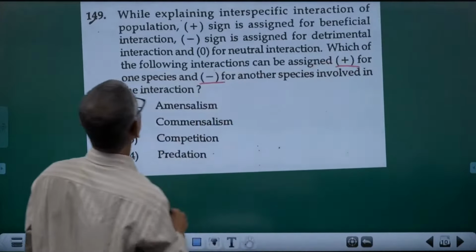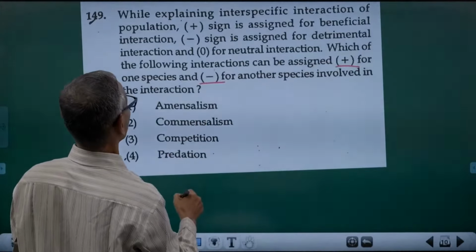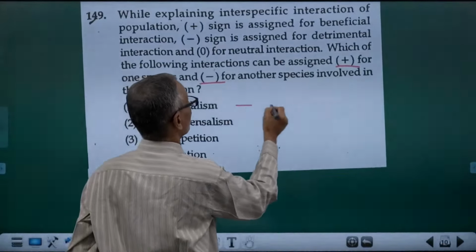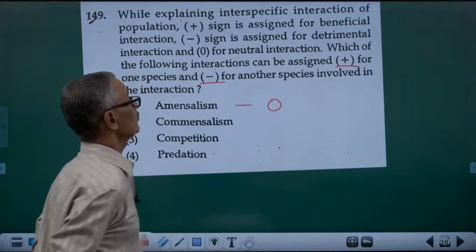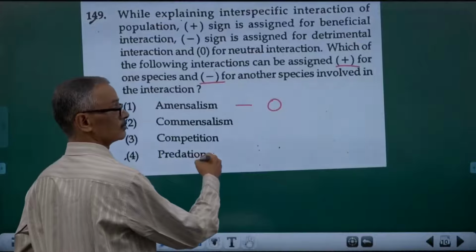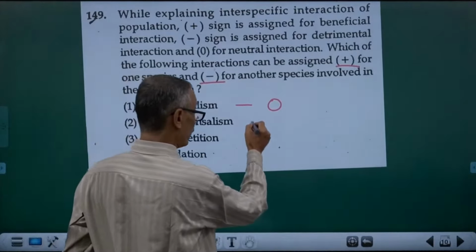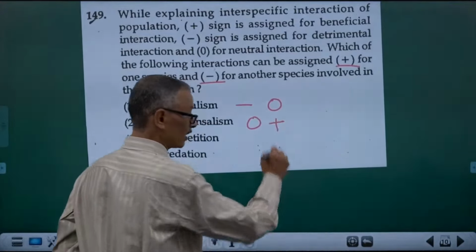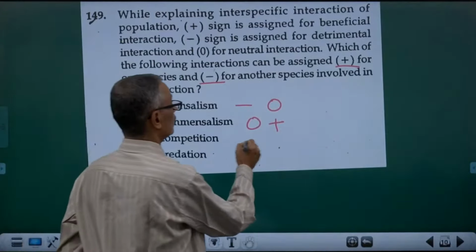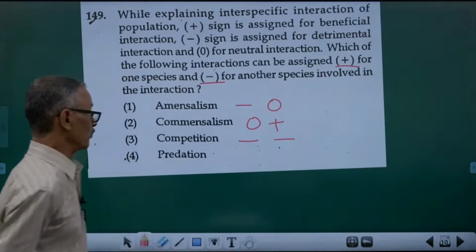See, amensalism. In amensalism, one is always negatively affected and the other one is not at all getting any benefit. In commensalism, only one is getting benefit, the other is not at all affected. In competition, both are negatively affected.